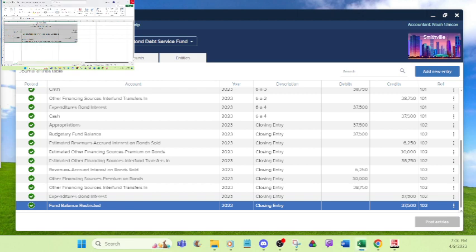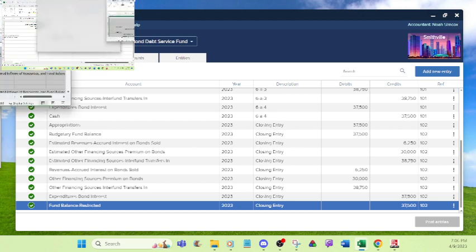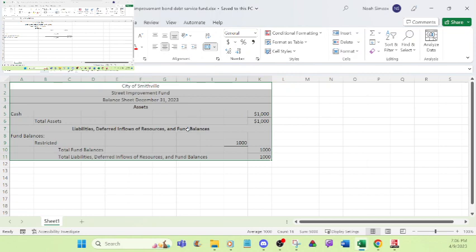I clicked X. Wait. No, it's literally just cash, 37,500, and fund balance. Why do I need two windows for this? Really? Was that really necessary?